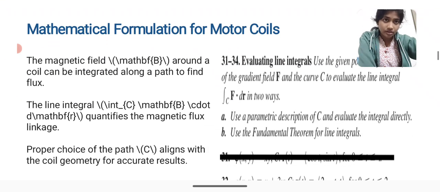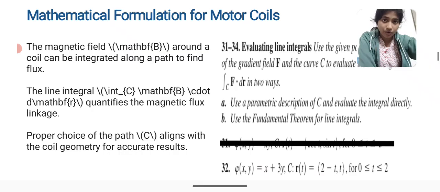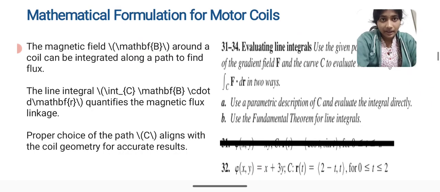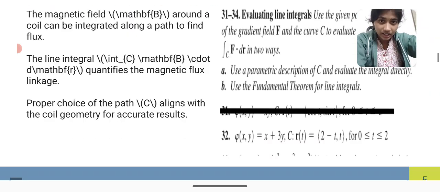Mathematical formulation for motor coil. The magnetic field around a coil can be integrated along a path to find flux. The line integral quantifies the magnetic flux linkage.